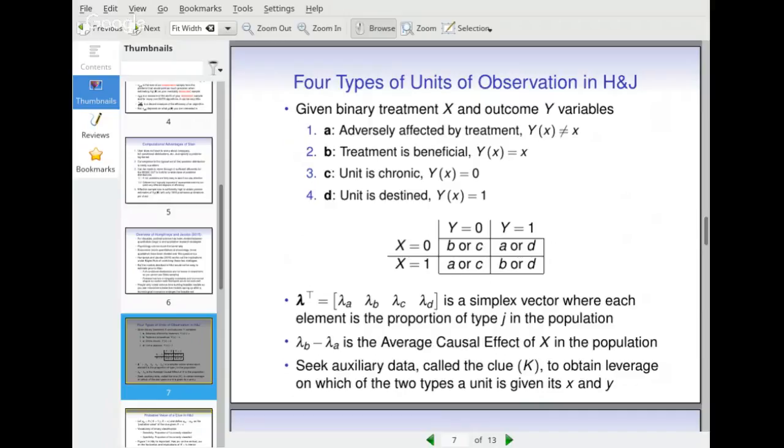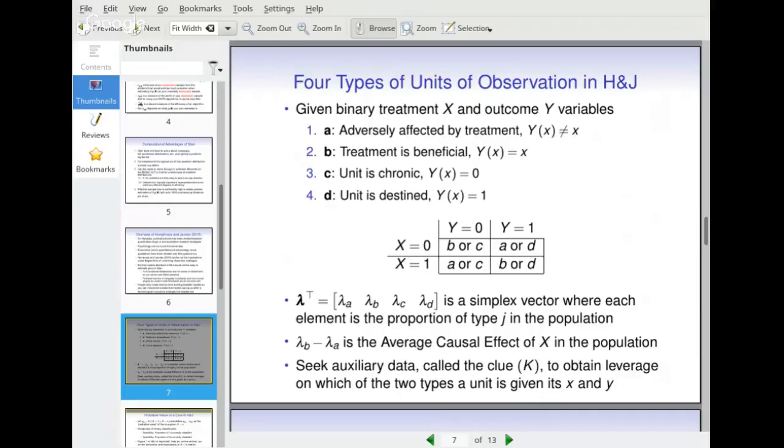Okay, so then we have this vector lambda, which is a simplex. It's non-negative and sums to 1, and contains the true proportion of each of the 4 types in the population or the world, whatever you're considering to be the domain of your research.